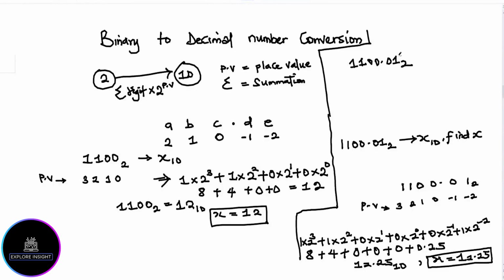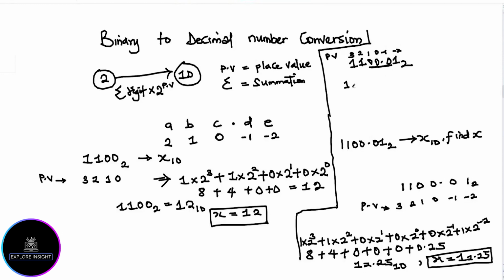But I have to take note of the power, so I should indicate the power here. 3, 2, that means the place value, 1, 0, minus 1, minus 2. So I've indicated the place value here. Anything 0, I'll discard. So these 3 zeros here, I'm going to discard.